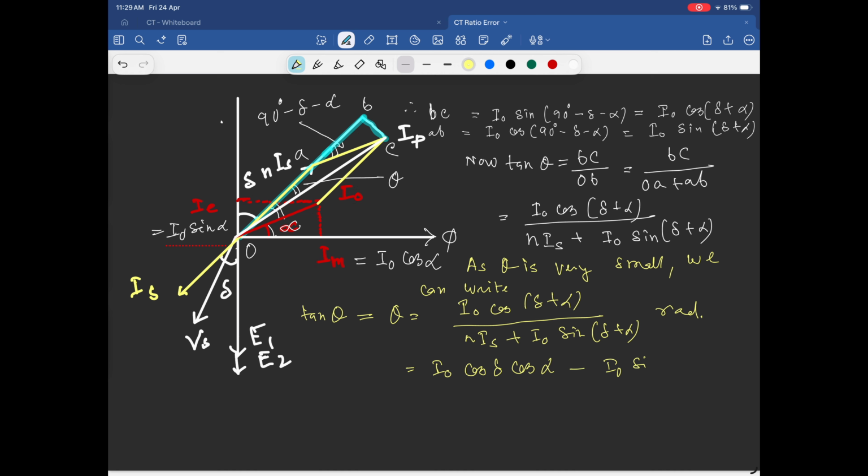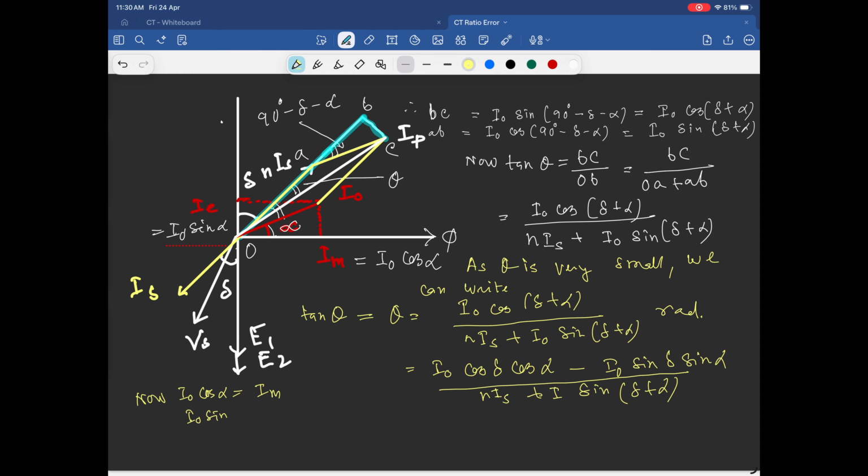So we can expand cos of delta plus alpha: I0 cos delta cos alpha minus I0 sin delta sin alpha, and then the denominator NIS plus I0 sin of delta plus alpha. Now we know that I0 is making angle alpha with the flux phi.